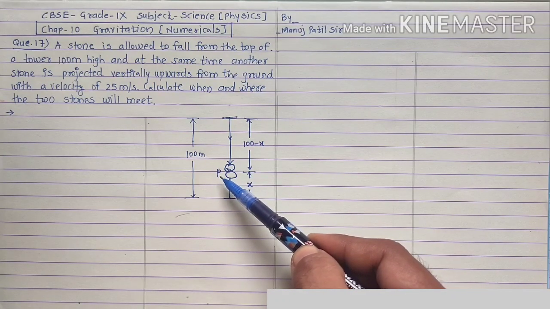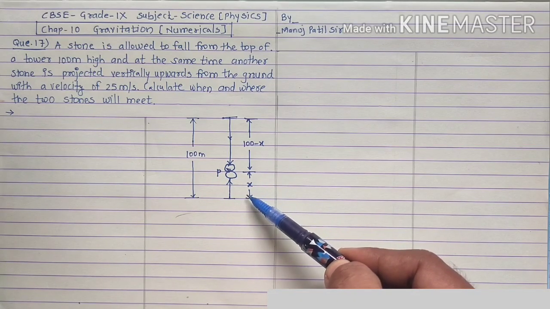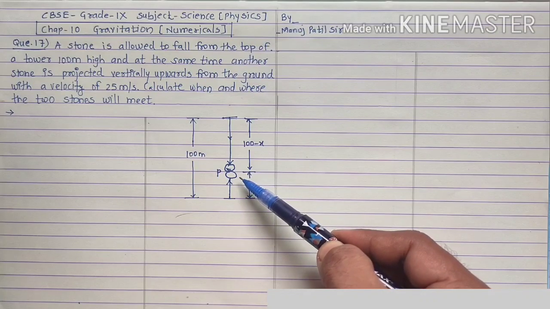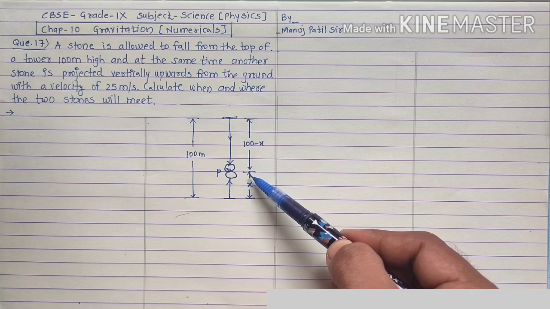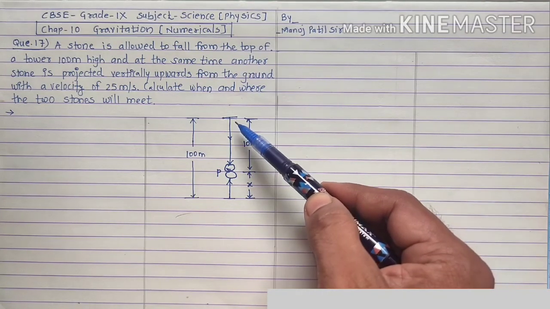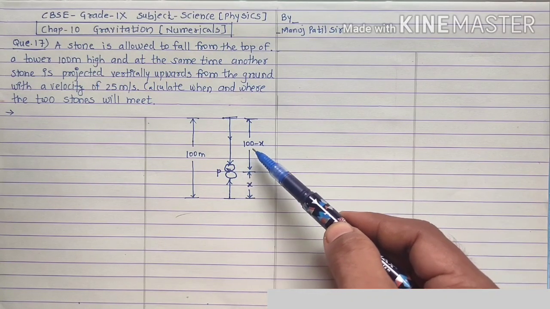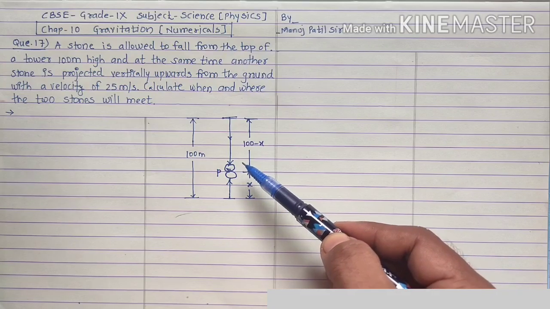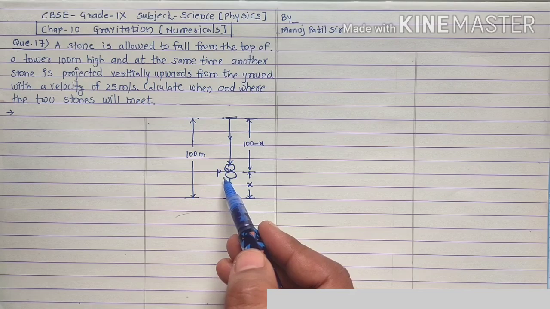So let us consider that both the stones are meeting at point P, and we'll consider that the height covered by the stone which is projected vertically upward is x meter, and therefore the distance covered by the stone which is falling down is 100 minus x. So here we are considering that both the stones are meeting at point P.